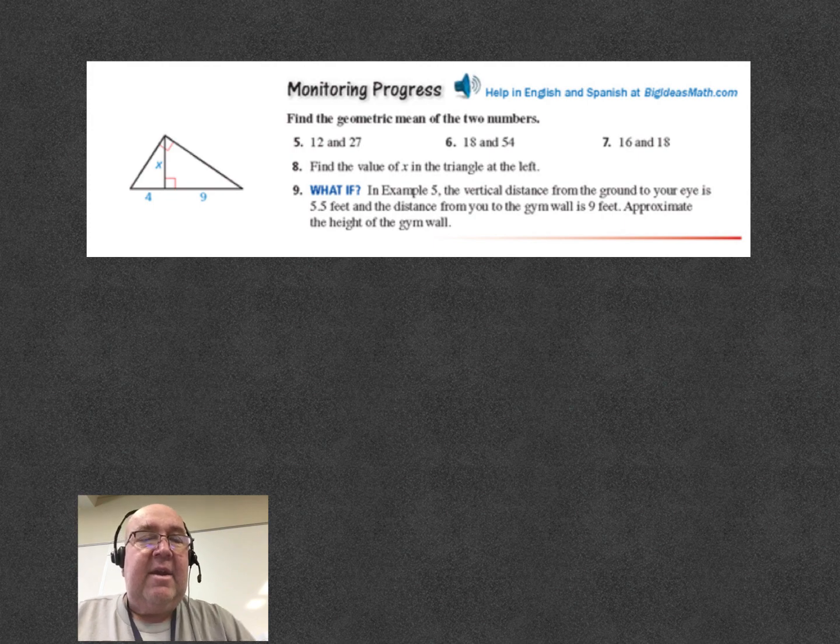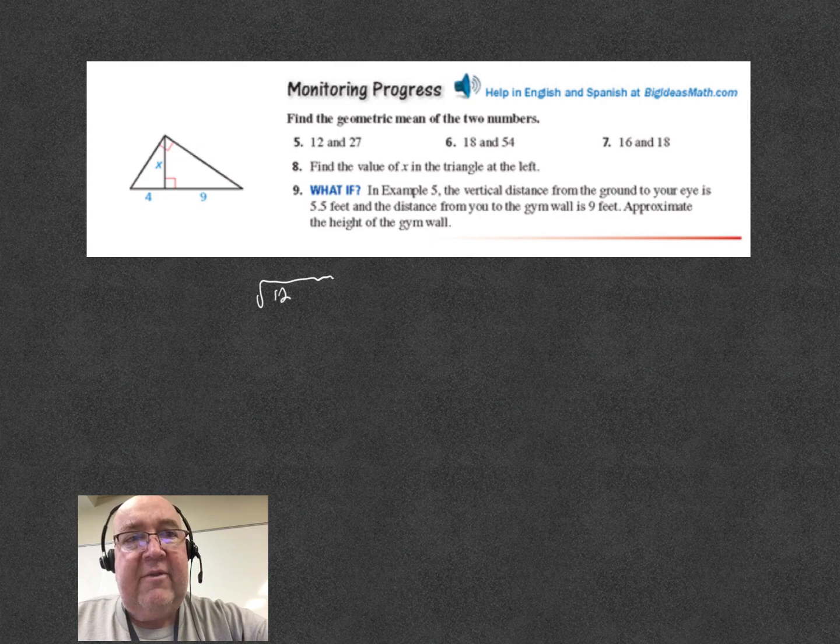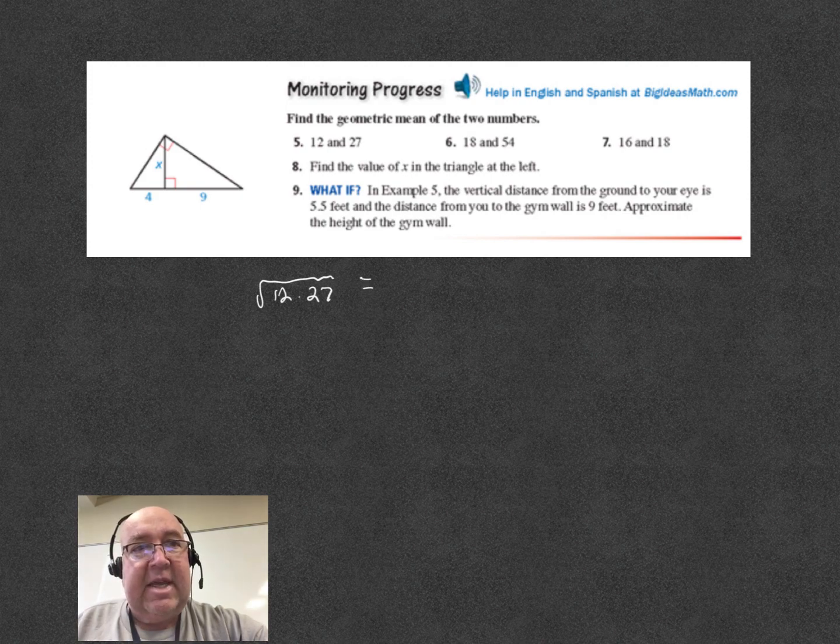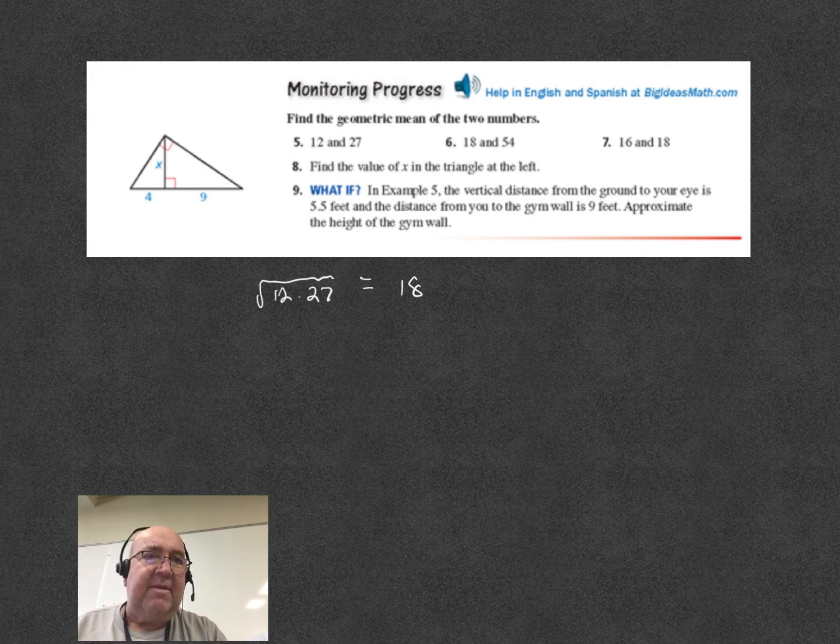Okay, number 5, we want to find the geometric mean, so we're going to do the square root of 12 times 27, and that is equal to 18. So again, I'm not doing the x squared equals 12 times 27 and doing all that work. I'm doing a shortcut here.